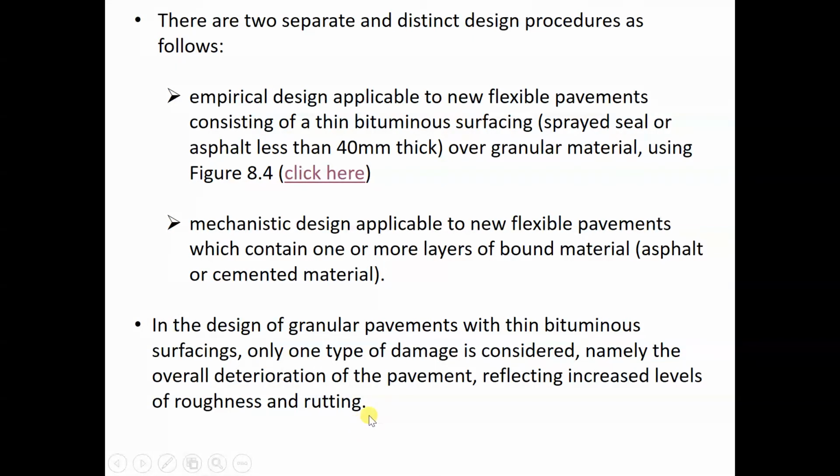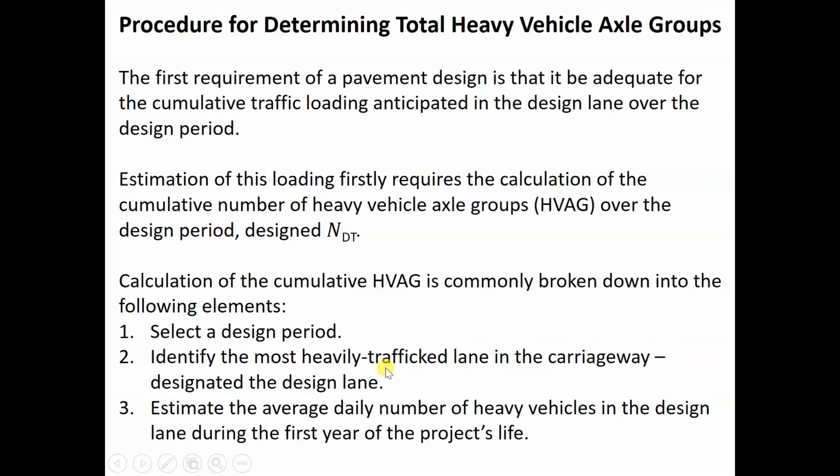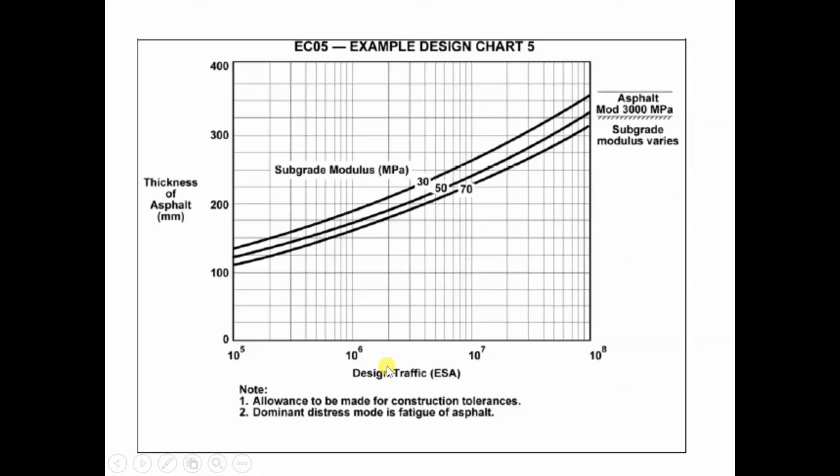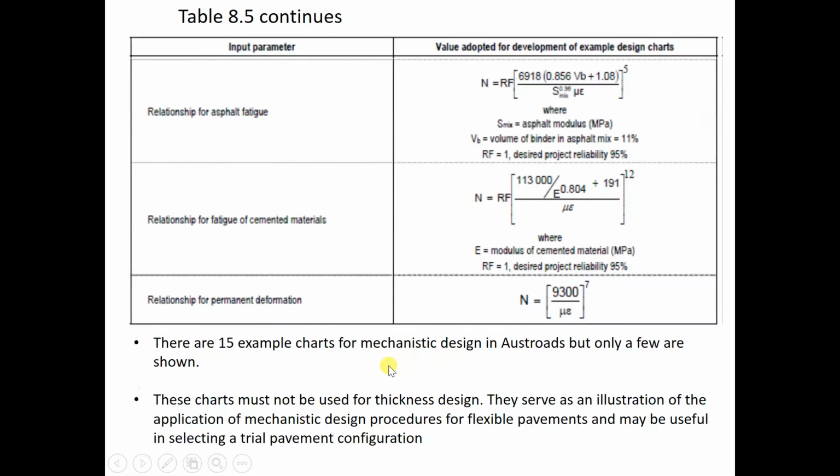So actually, for the thin bituminous surfacing, we only consider this term, the permanent deformation. So we disregard the asphalt, we disregard the cemented material, only consider this one, if we use the mechanistic approach.